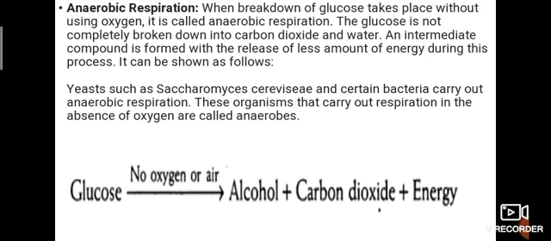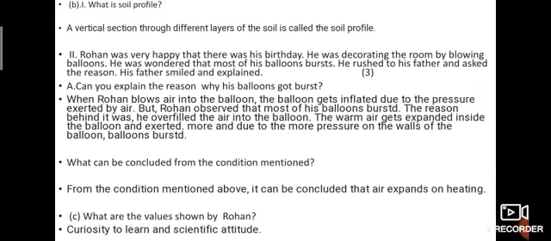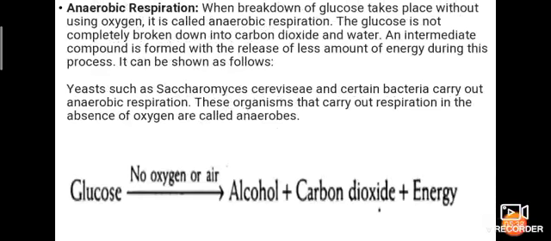It can be shown as follows. Yeast such as Saccharomyces cerevisiae and certain bacteria carry out anaerobic respiration. So these organisms that carry out respiration in the absence of oxygen are called anaerobes. So finally we get alcohol.